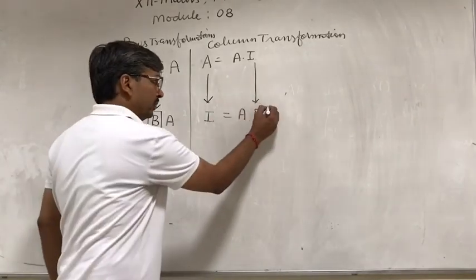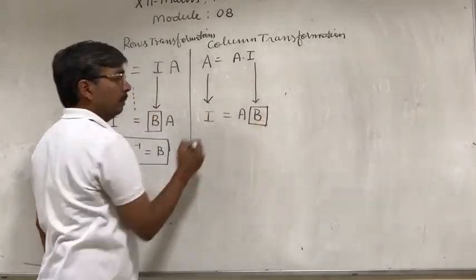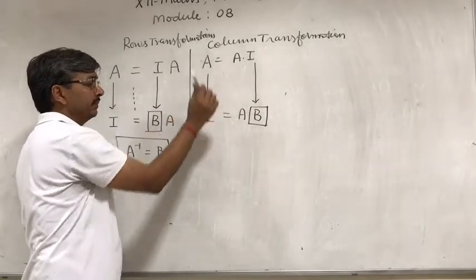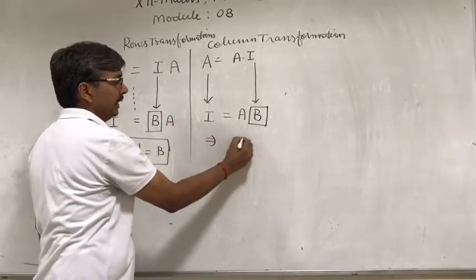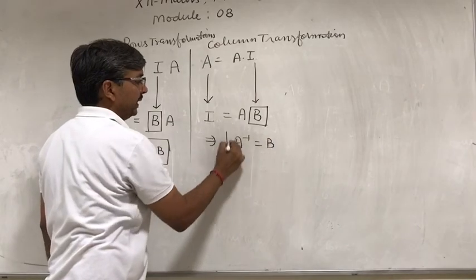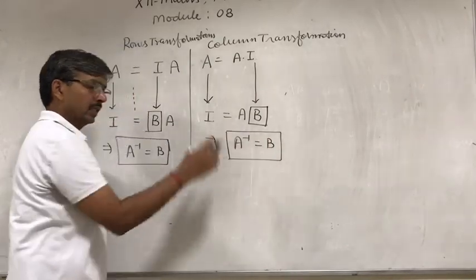And therefore here B is the inverse of A, and we will write here A inverse equal to B. Here the question is complete.